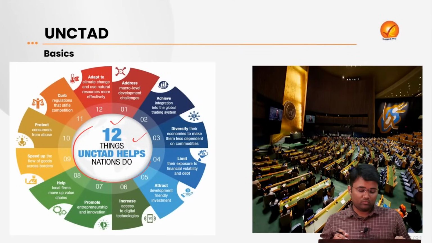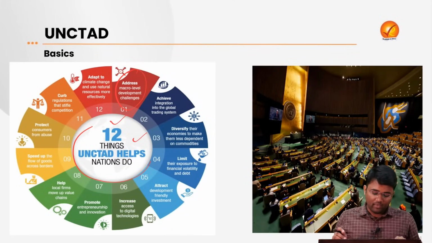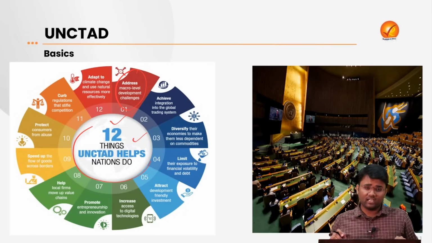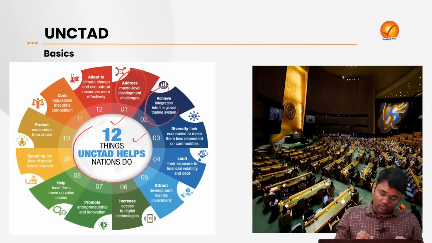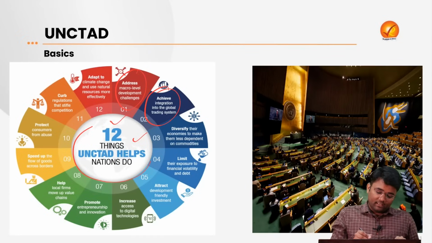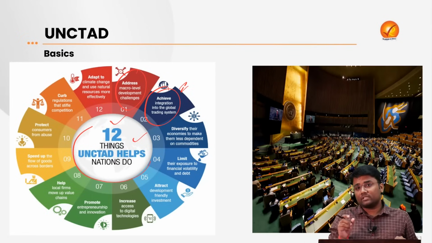What does it do? First, it addresses the macro level developmental challenges that are being faced by the developing countries and least developed countries. Then it helps in achieving integration into the global trading system. So UNCTAD helps the least developed countries and developing countries in achieving that integration into the global trade system.